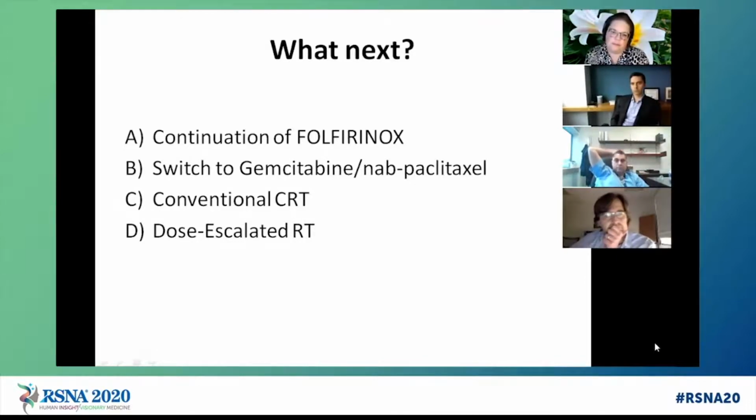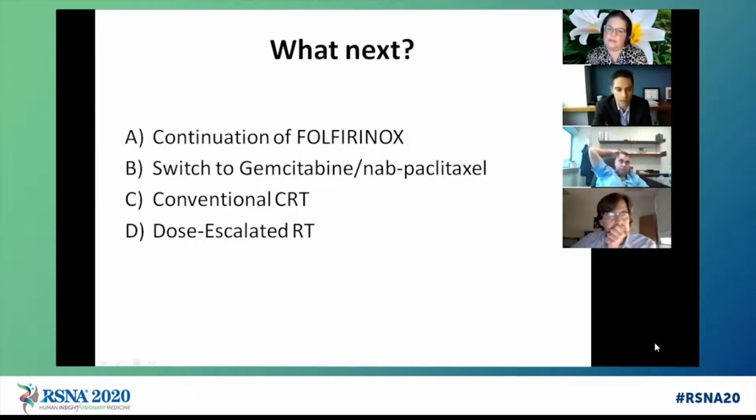Perfect. So let's say, Dr. Anwar, what do you think? Is there a role for radiation at any point for these tumors? I think so. I think that even in the setting of suspected metastatic disease, although it's a little more controversial there, local control can definitely affect quality of life if these masses begin to grow again.